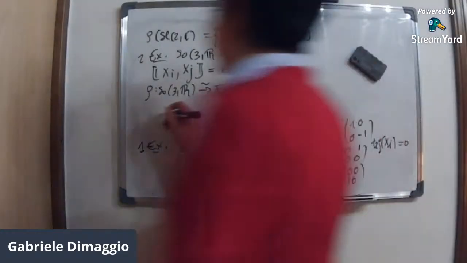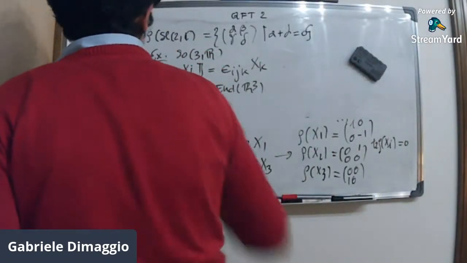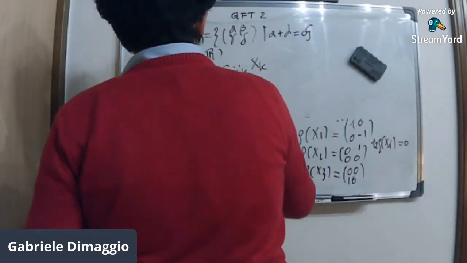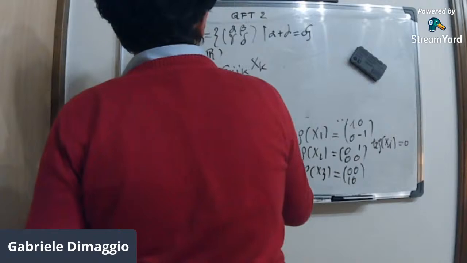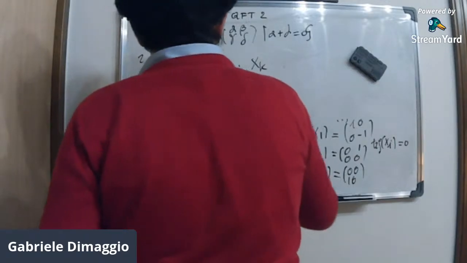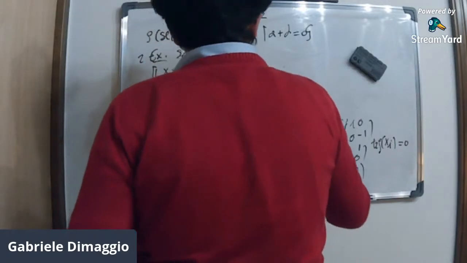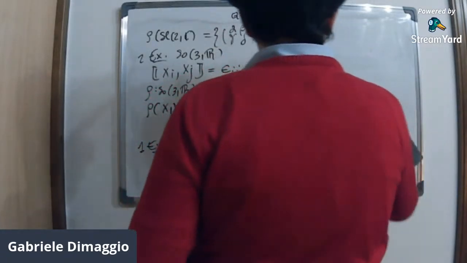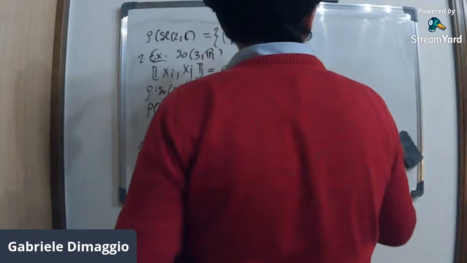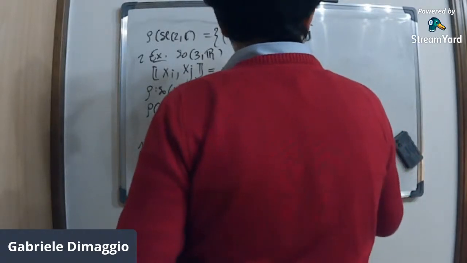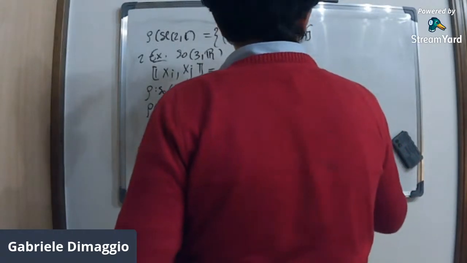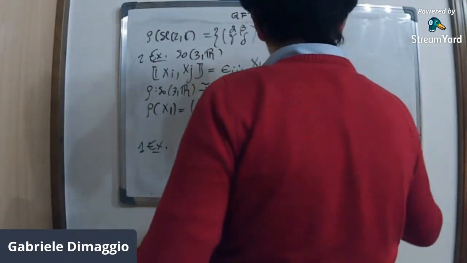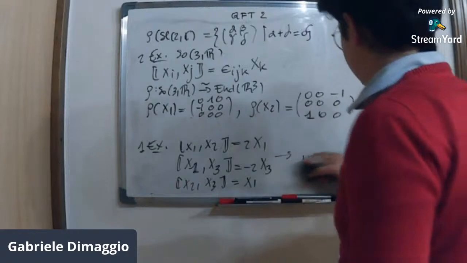Okay, so I have rho of x1 is equal to (0, 1, 0; minus 1, 0, 0; 0, 0, 0). Rho x2 is equal to (0, 0, minus 1; 0, 0, 0; 1, 0, 0), and rho x3 is equal to, sorry, here, you can write here.